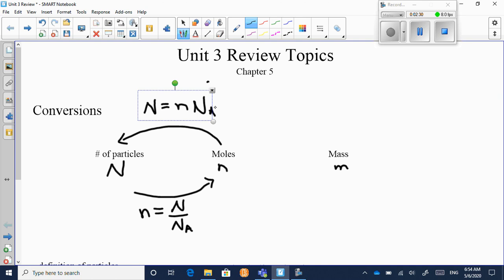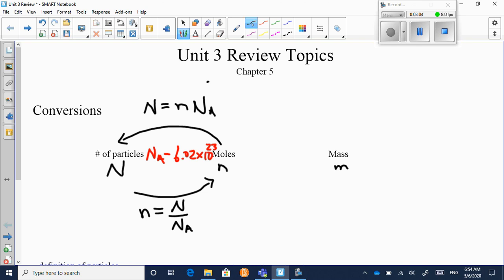That's just a rearrangement of that formula. If you knew the number of particles and wanted the number of moles, you would use this bottom formula. And if you knew the number of moles and wanted the number of particles, you would use that top formula. The key is that you always know Na. Na is called Avogadro's number, and it's 6.02 times 10 to the 23. So that's the connection between these.